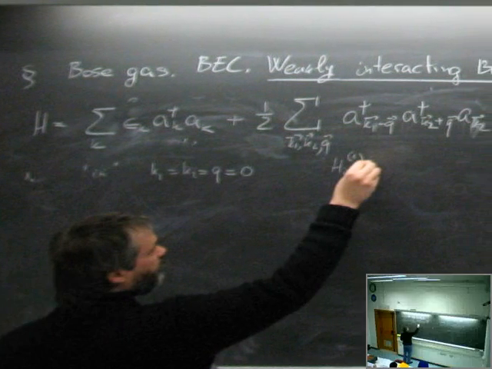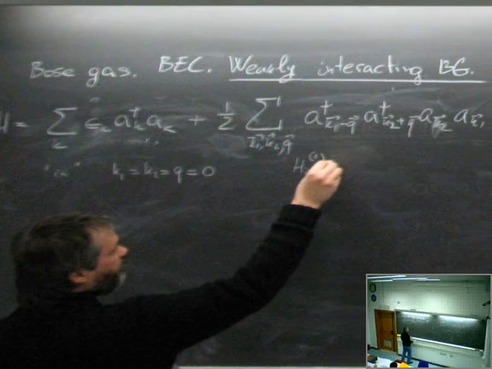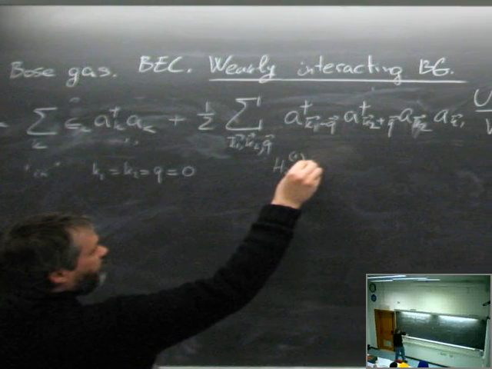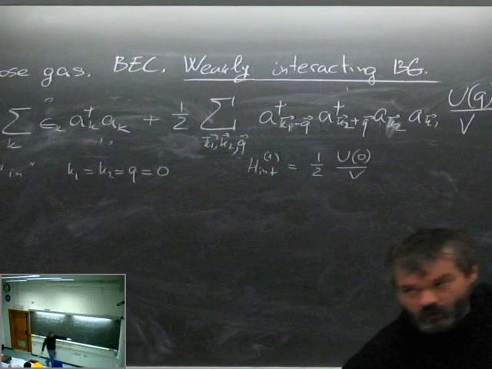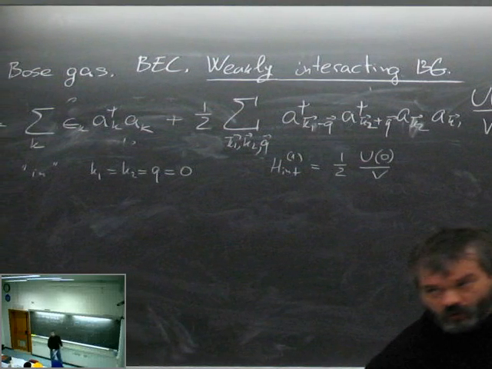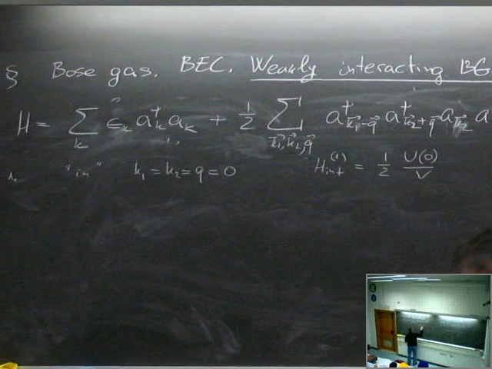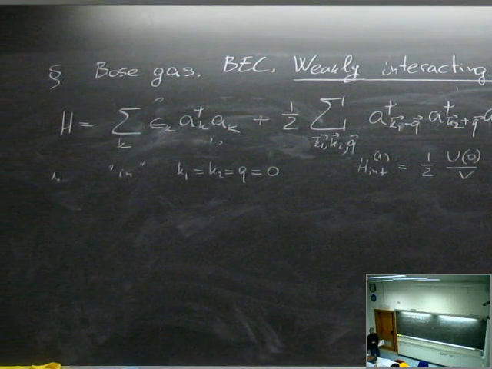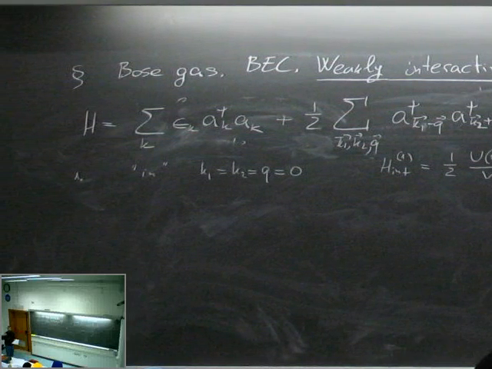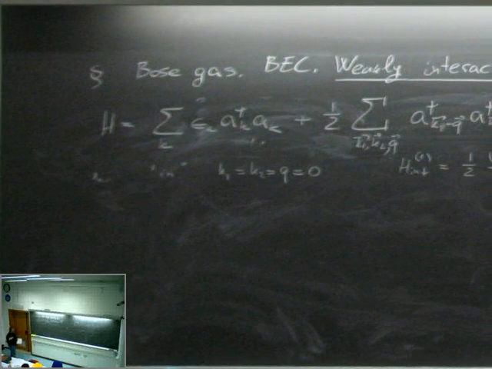Is equal to 1/2 U_0 over V, and times, since each creation and annihilation operator is equal to a_0 or a_0 dagger, this is N_0 squared. This is just a constant which describes the origin of the energy. So this is a constant shift of energy.